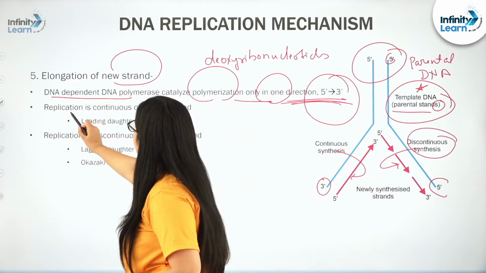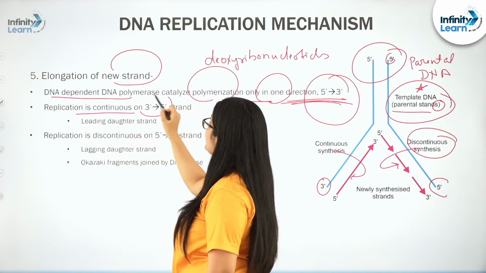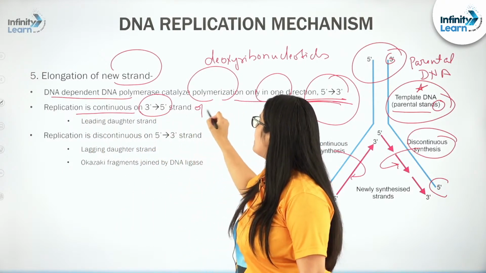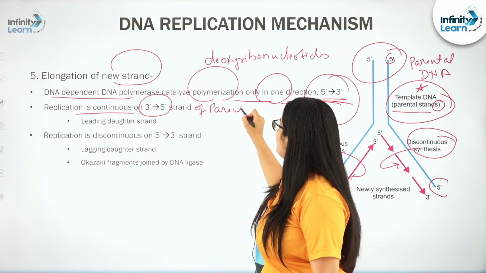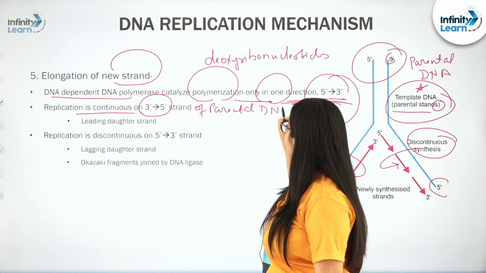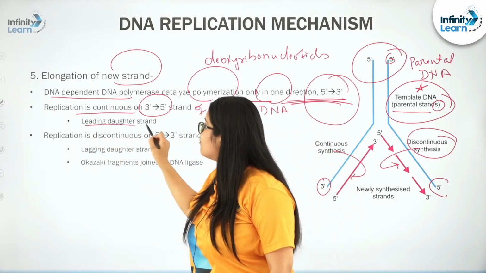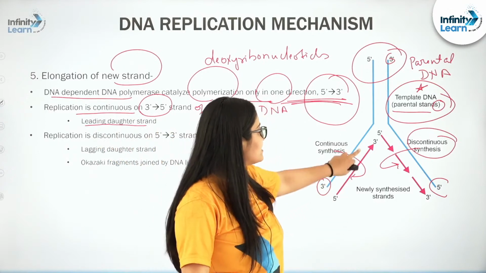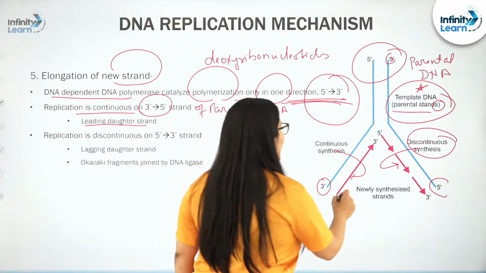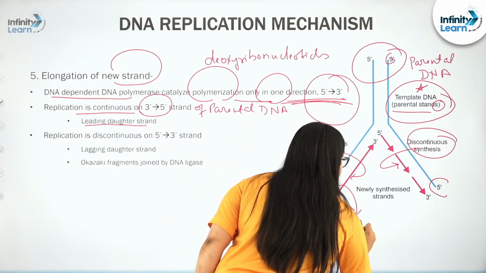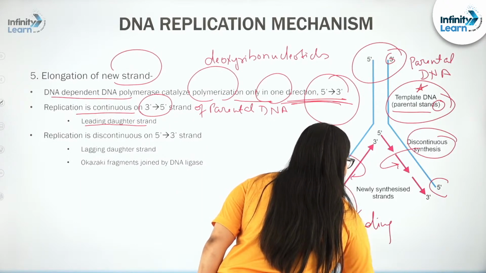So, replication is continuous on the 3' to 5' strand of parental DNA, right, and this continuously synthesized strand is known as the leading strand.